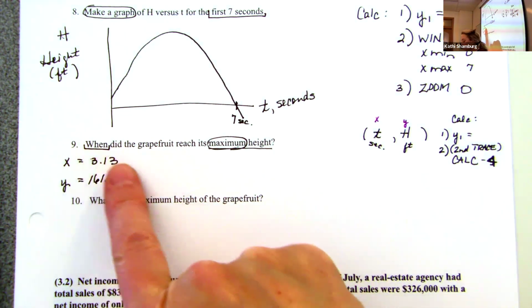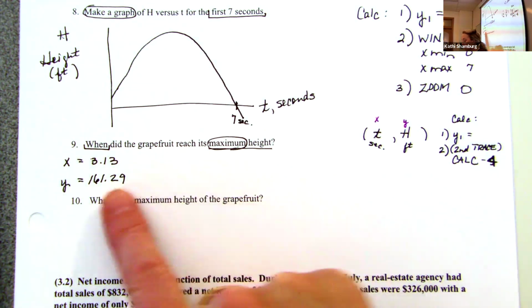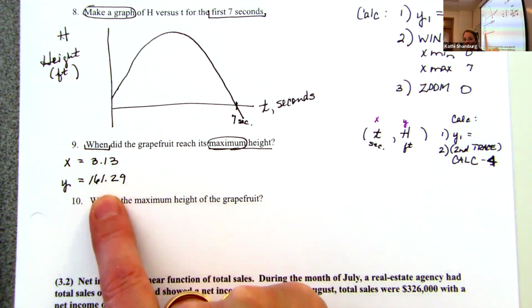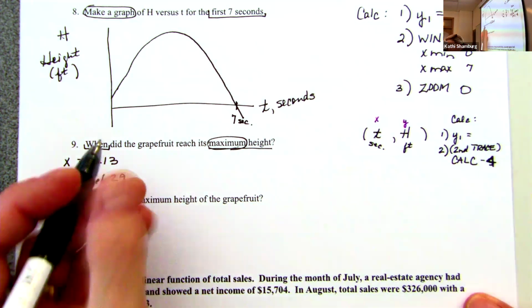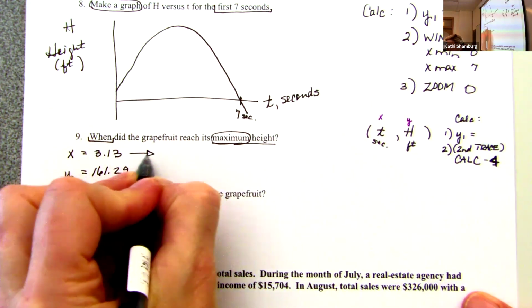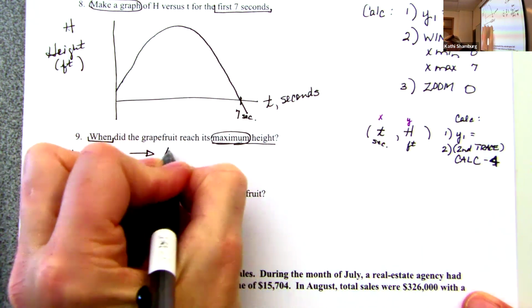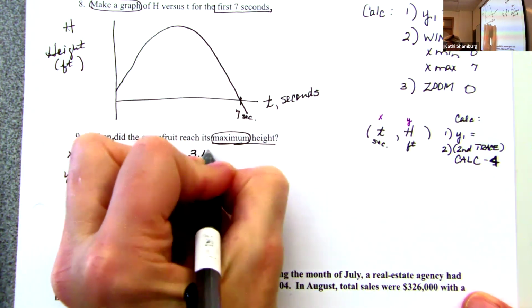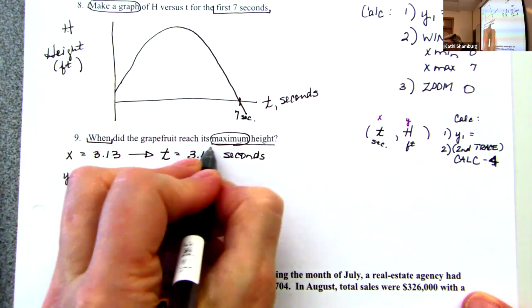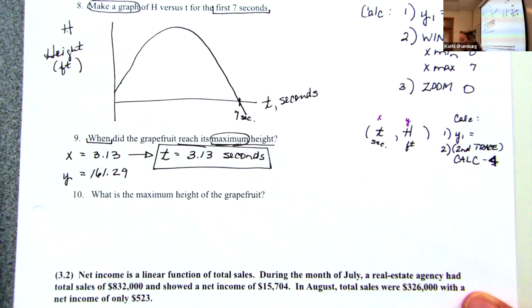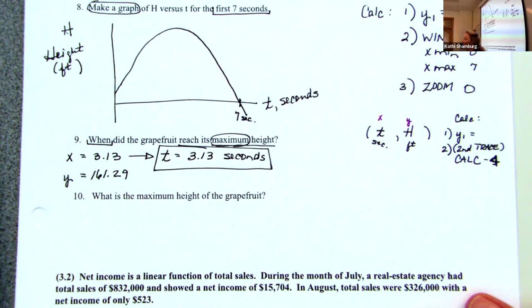This says, when did the grapefruit reach this? So is it asking for the 3.13 or the 161.29? This is my variable t, which is 3.13 seconds. A when is a time question. So that's what's being asked in 9.